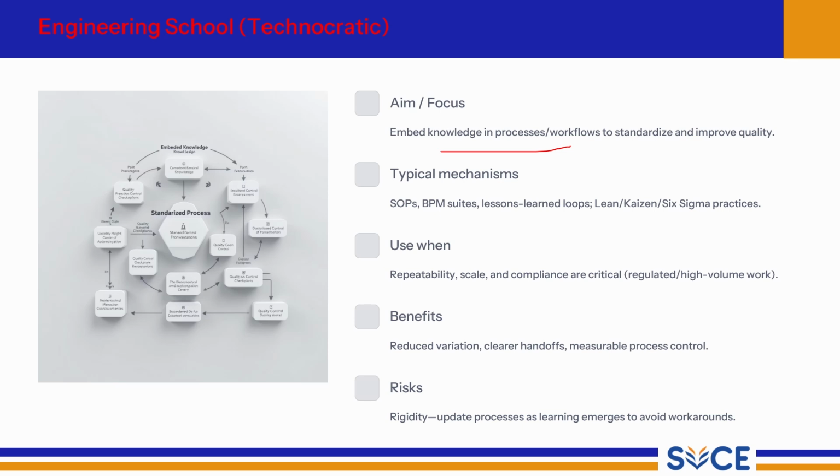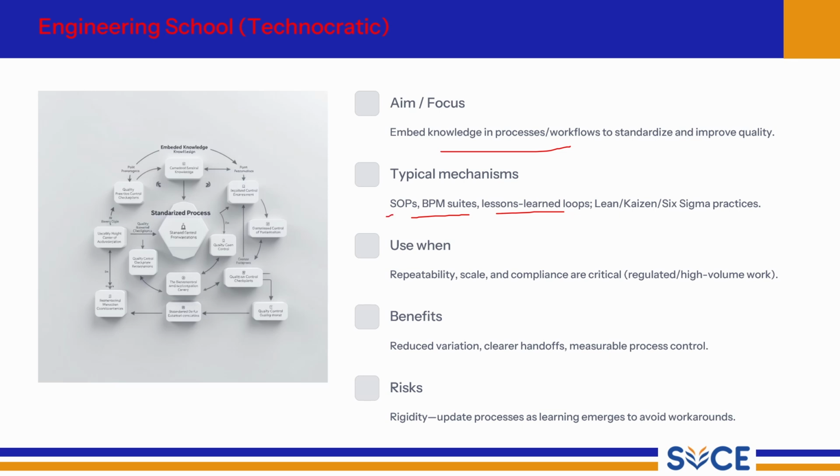And the next one is typical mechanisms. Here: SOPs, BPM suites, lessons-learned loops, and Lean, Kaizen and Six Sigma practices. So these are the typical mechanisms used in the engineering school. It uses methods like standard operating procedures.